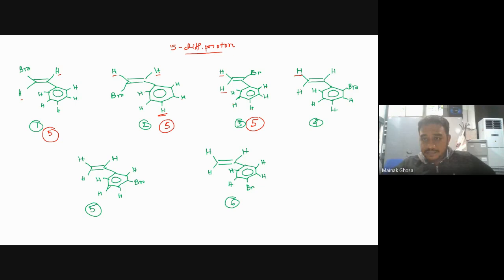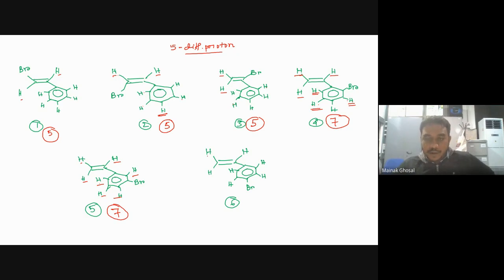Here 1, 2, 3. Are these two equivalent? No. This and these are different. This is ortho to bromine and this is para to bromine. So these are different. So 1, 2, 3, 4, 5, 6, 7. Now 1, 2, 3. Here the same thing: 4, 5, 6, 7.